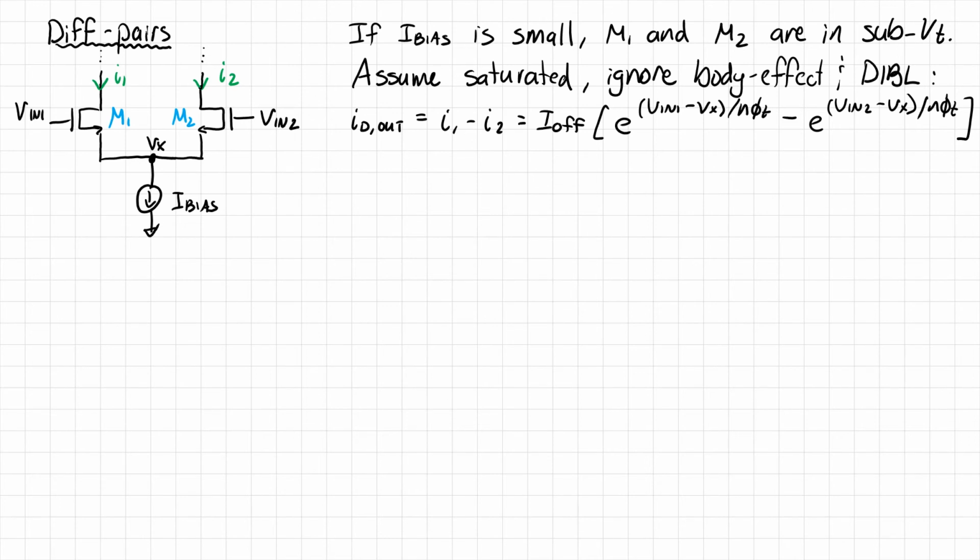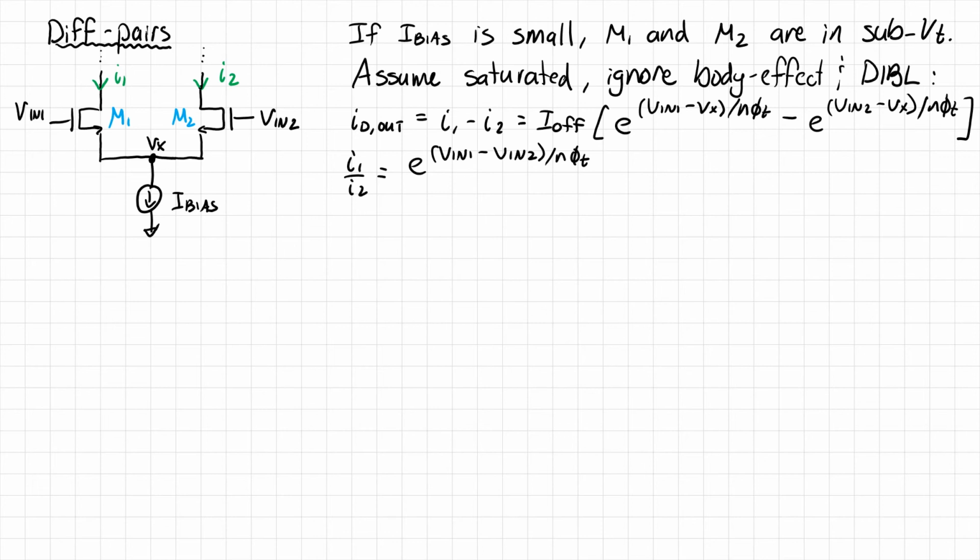Right, we have our two exponential functions here. So what we can say is that I1 over I2 is just equal to e to the (V in 1 minus V in 2) over n phi t. So if we just take the ratio of those two, we get this expression here.